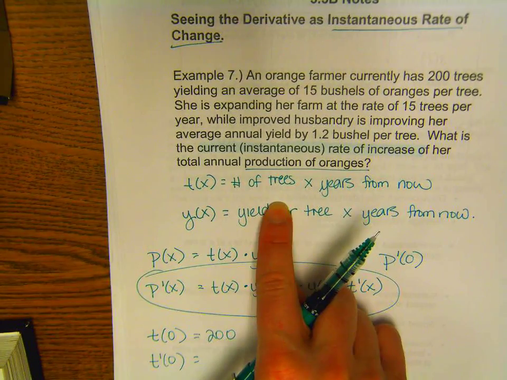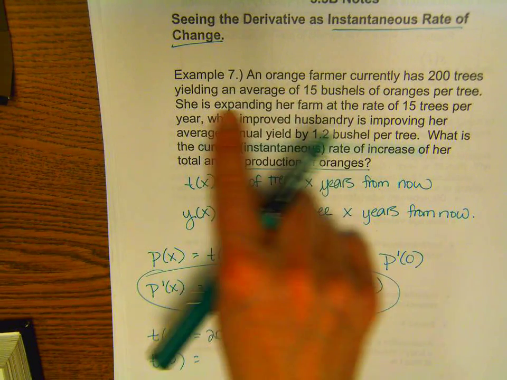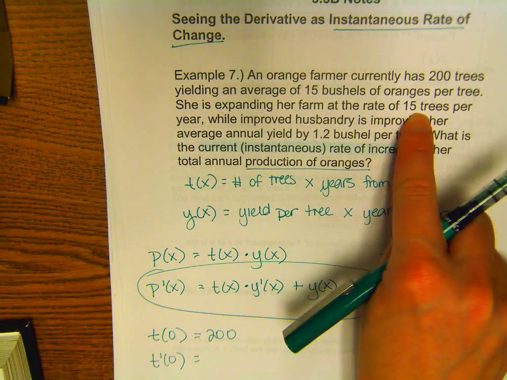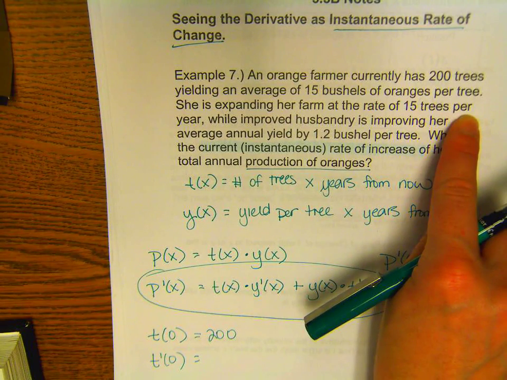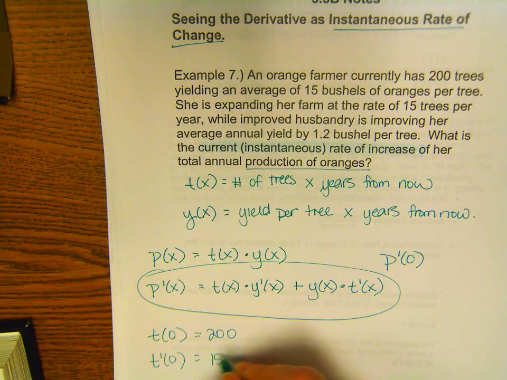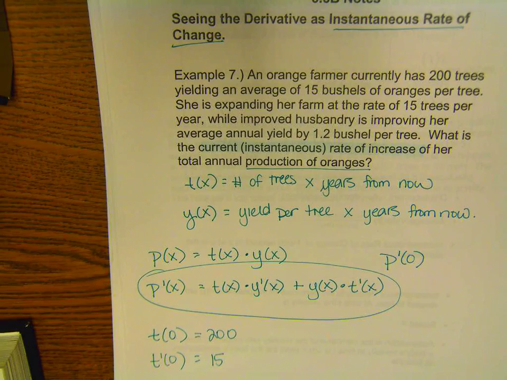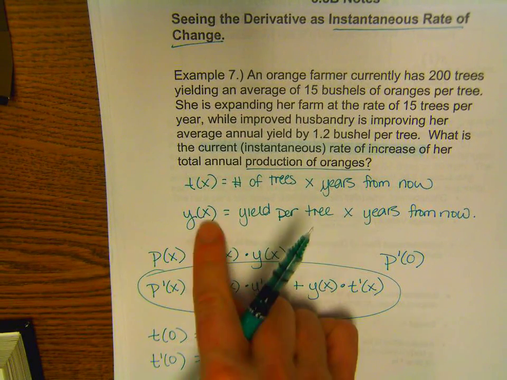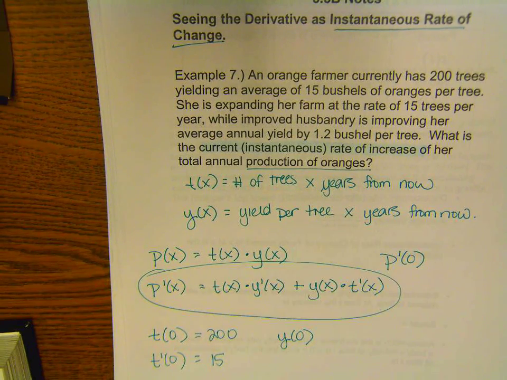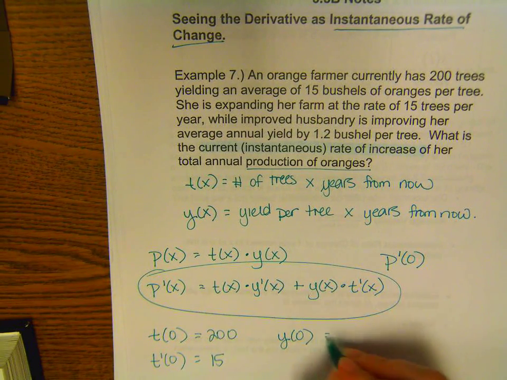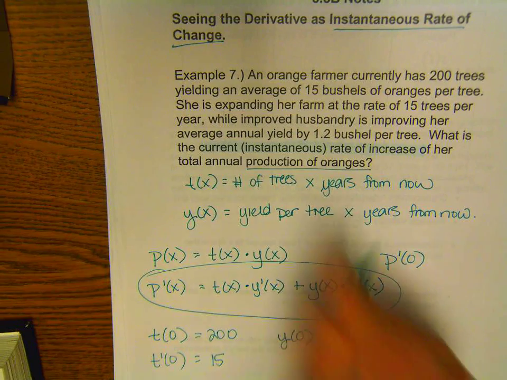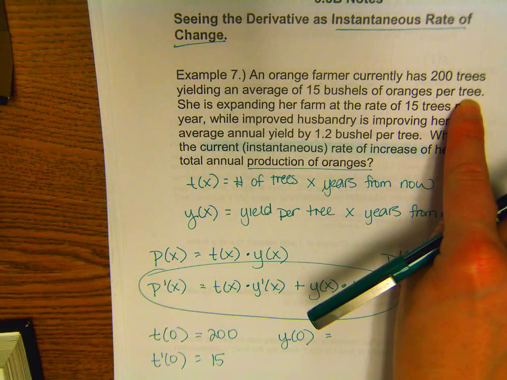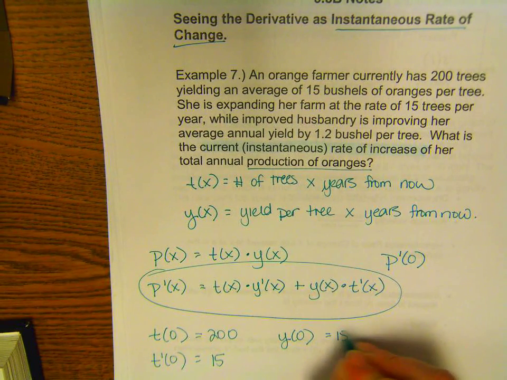She is expanding her farm at a rate of 15 trees per year. All right, we would also need to know y of 0. What's the yield per tree right now? 15 bushels of orange per tree, right? 15 bushels per tree, okay.